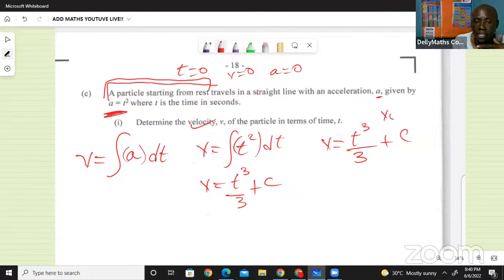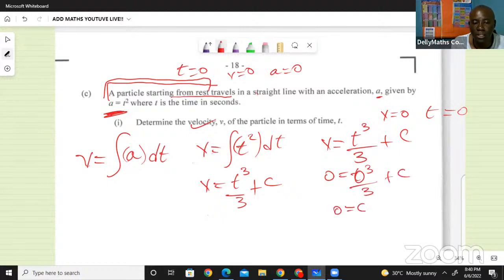Remember now, v is 0, yeah? Let me write that better for us, please. One second. Hold on, let me re-explain. V is 0 and t is 0 because the particle starts from rest, and rest is not moving. So 0 is equal to 0 to the third over 3 plus c. 0 is equal to c.